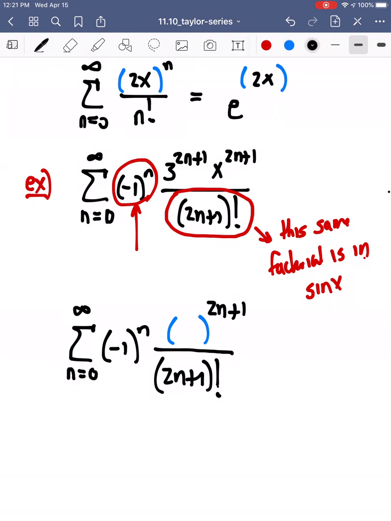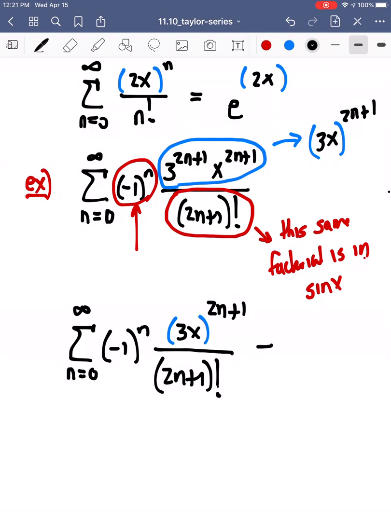We can see that if we're staring at the term 3 to the 2n plus 1 times x to the 2n plus 1, since they have the same power, we could rewrite this term as the quantity 3x to the 2n plus 1. So we can just stick a 3x into those blue parentheses, and lo and behold, this is perfectly in the form now for just sine of 3x.